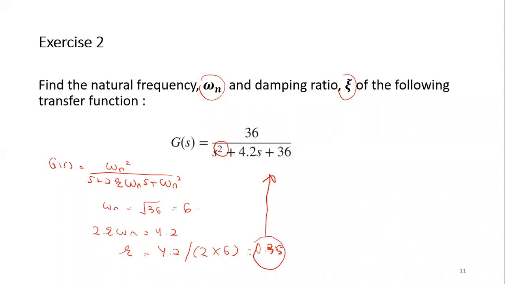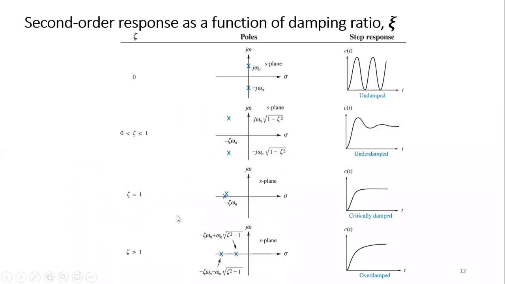From the damping ratio, if you are given the damping ratio for a second order system, you can actually predict the kind of response. This is the damping ratio, and this is the pulse and the step response.